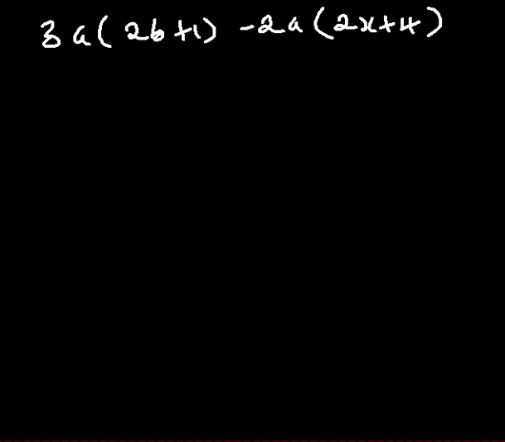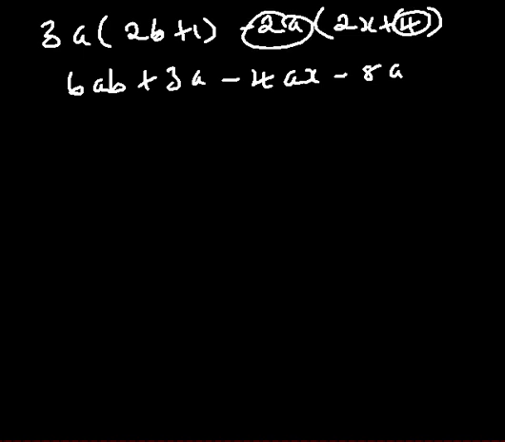In this case, we'll have to distribute 3a inside. We have it as 6ab plus 3a, and we have to distribute negative 2a inside. That will be given as negative 4ax, and negative 8a, because negative 2a times positive 4 is negative 8a.